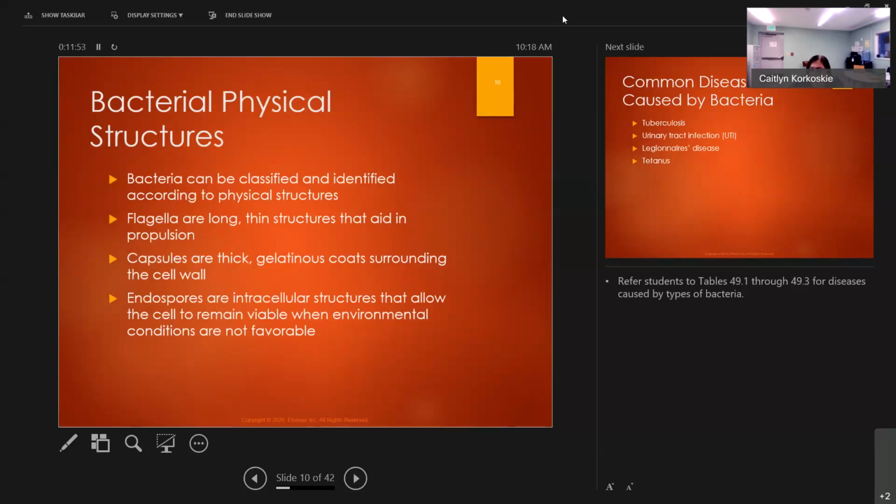I saw a question pop up. Prions? What are prions? I'm not sure. Okay, so a prion is something that causes bovine encephalopathy and Creutzfeldt-Jakob disease.